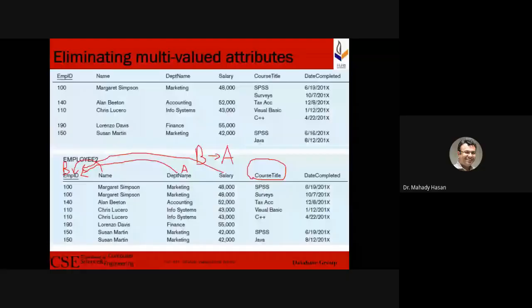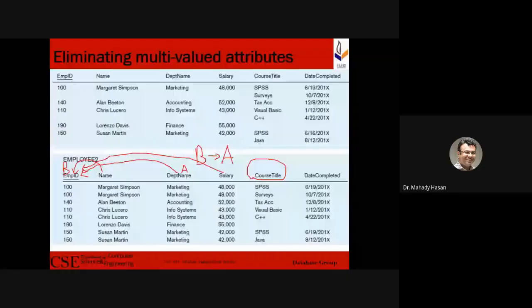Is it okay so far? Please tell me if you are not getting it, because these are very important concepts. You need to understand them. Should I repeat? Yes, sir. So here we have mentioned employee ID can determine name, employee ID can determine department name, employee ID can determine salary. All of you agreed with that?